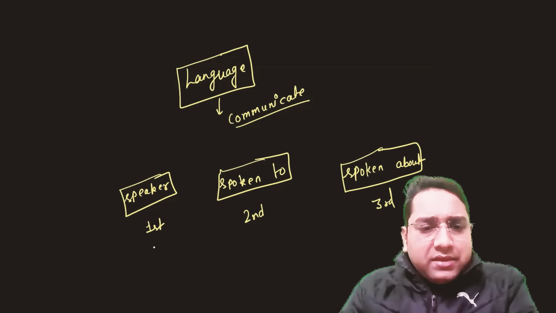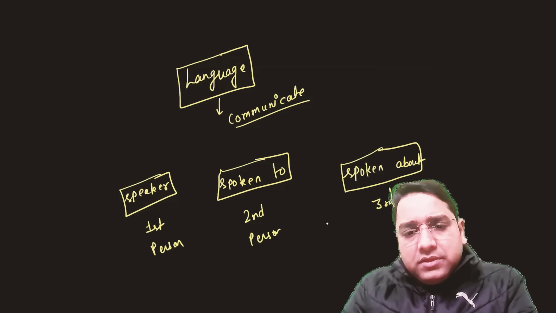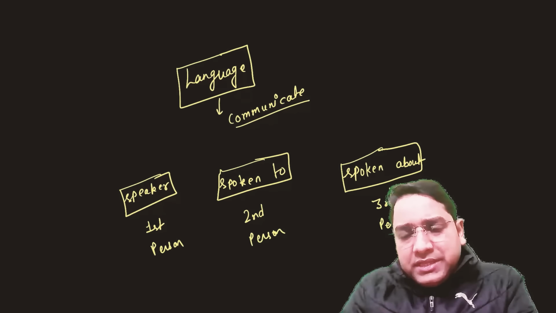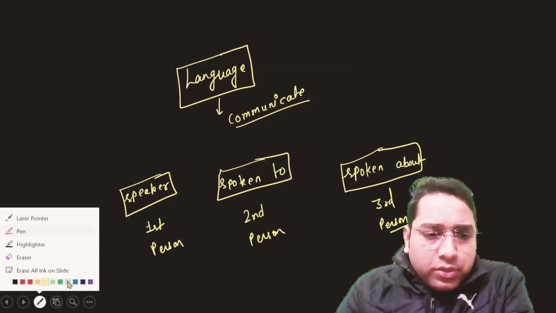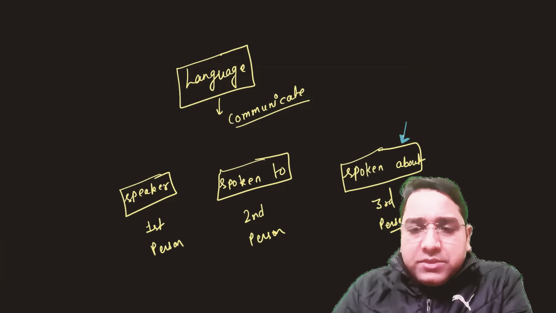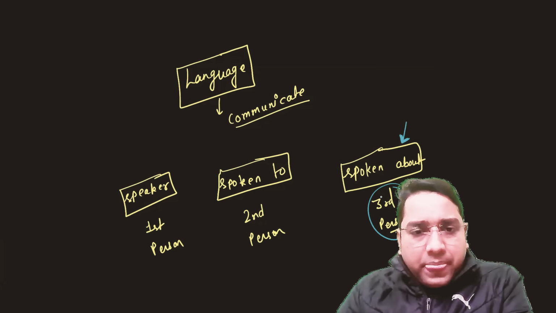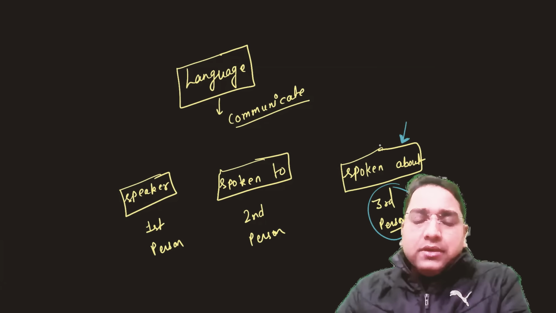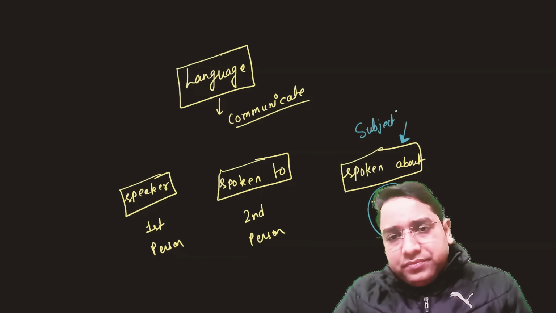So I hope this is clear: first person, second person, and third person. I'll be using these terms every now and then. So what are we talking about? This one person which is talked about, which is given in the passage, that means the third person. Clear? And whoever is talked about, we will be calling it a subject.